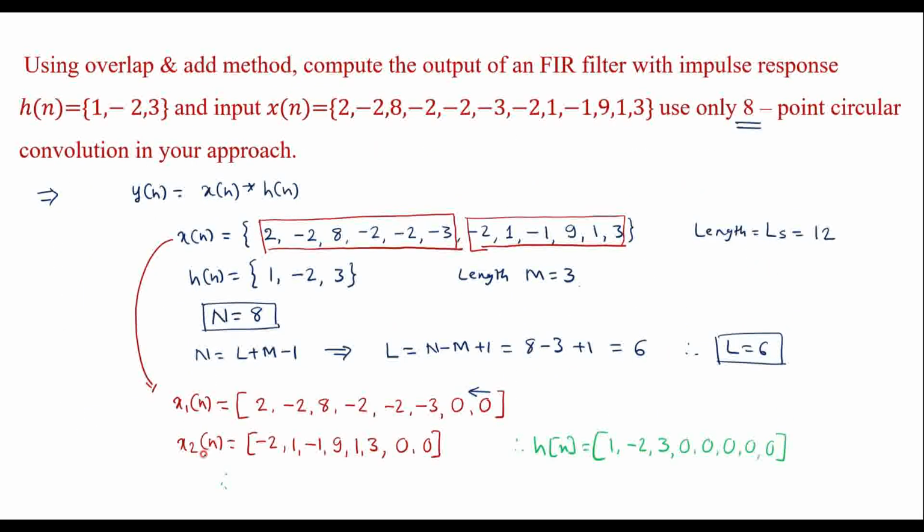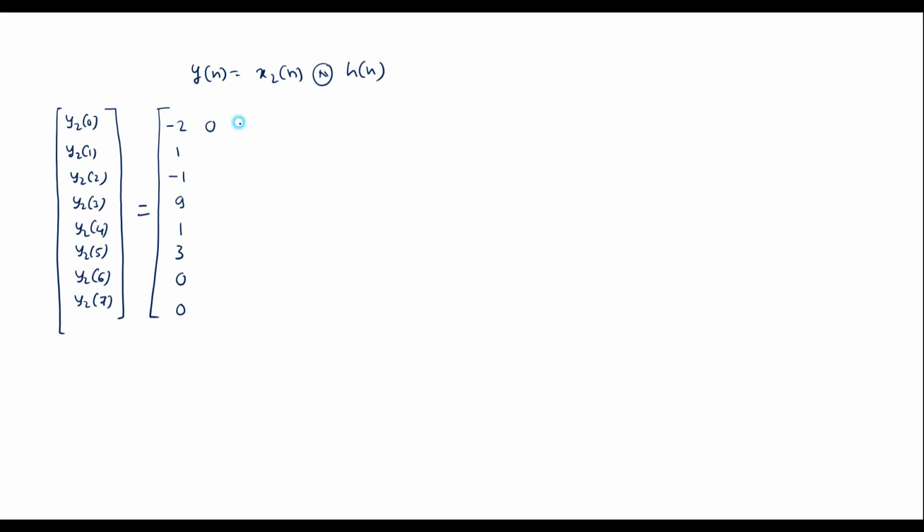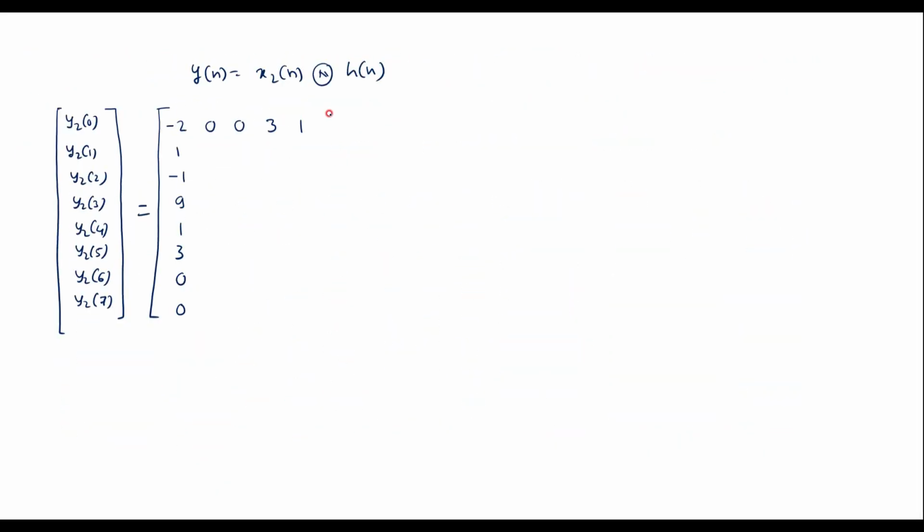Now write the same sequence x2 of n in reverse order in first row, that is 0, 0, 3, 1, 9, minus 1, 1. Now write this 2 here, 0 here, 0 here diagonally.